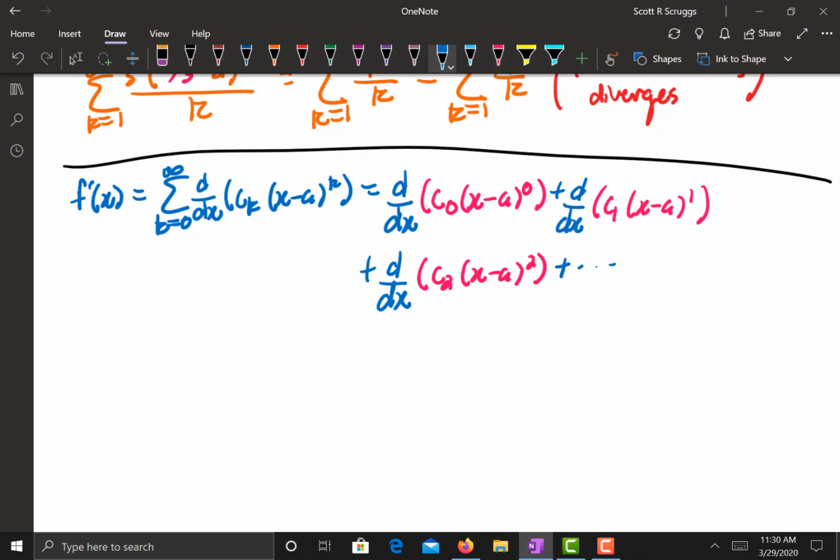And now, when I take the derivative when k equals 0, since I have x minus a raised to the 0 power, that equals 1. So c0 will just be a constant with respect to x. So this whole thing will equal 0. This will be c1 times x minus a, so I just have c1.